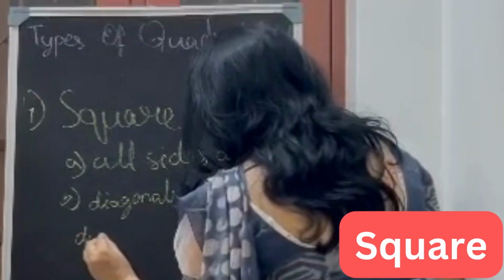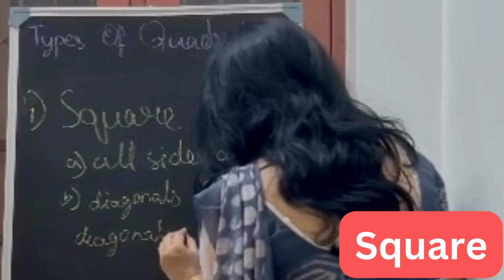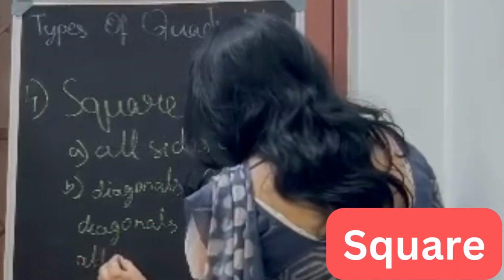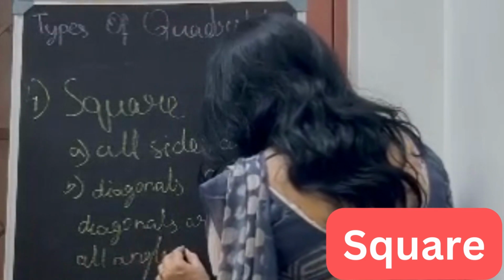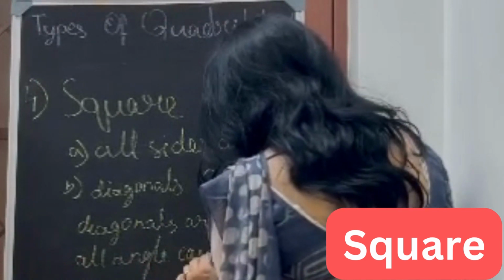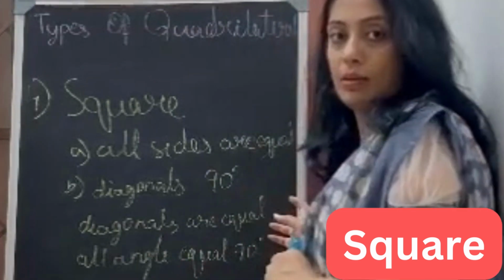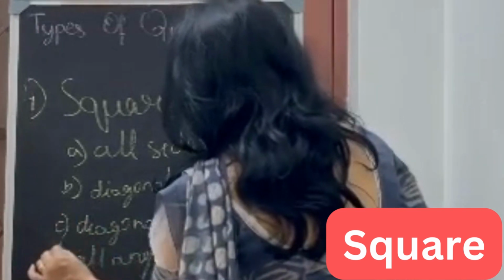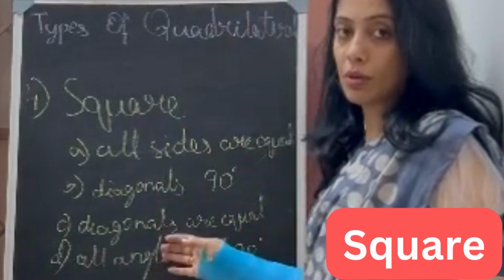Then diagonals are equal to each other. All angles are equal, and the measurement of the angles is 90 degrees. These are the four conditions of a square. This is how we have to write the conditions to remember.